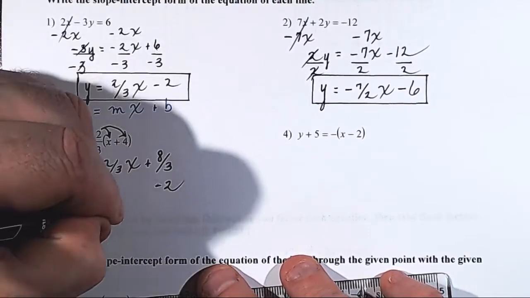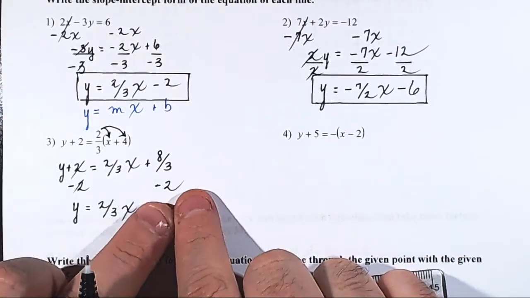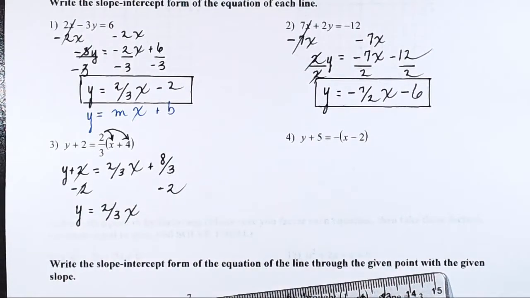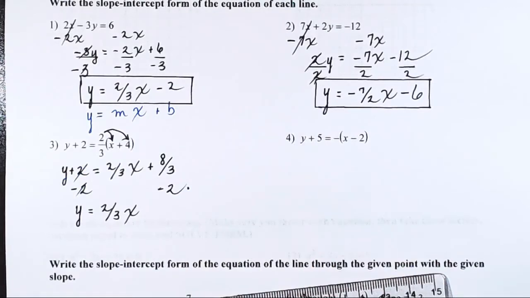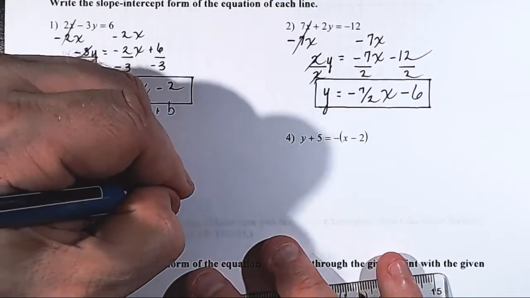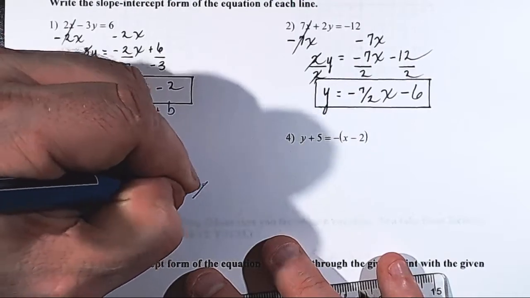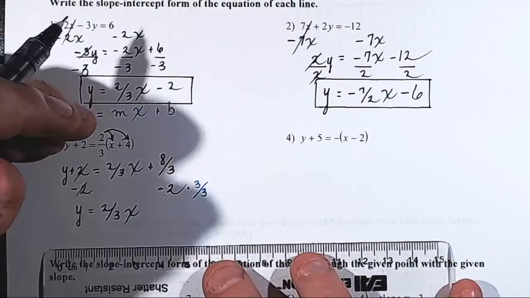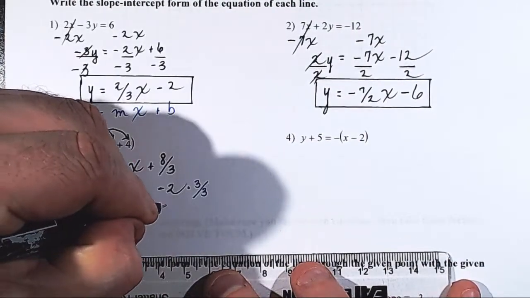Okay, the 2's cancel there, and you have y equals 2/3 x. And we have to deal with the fact that we have a whole number and then a fraction. And so we have to turn negative 2 into a fraction whose denominator is 3. So we multiply negative 2 times 3 over 3. And what that gives us is, we'll just put in here plus 8 over 3.